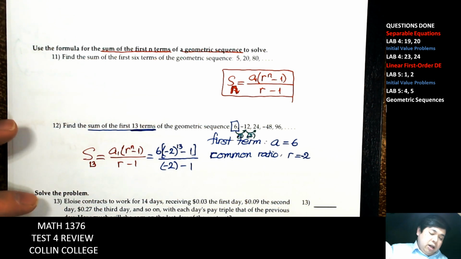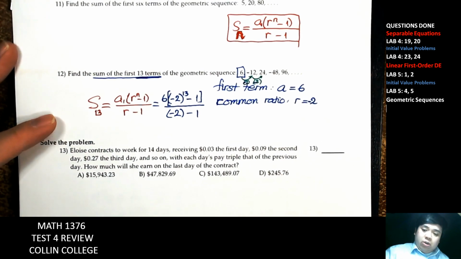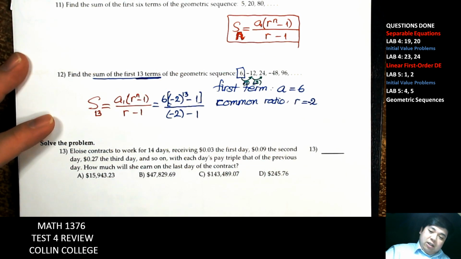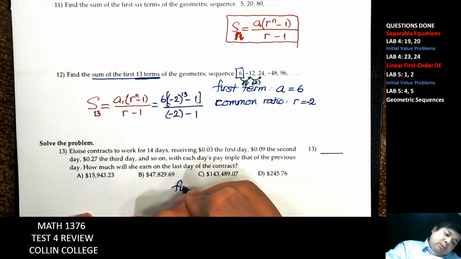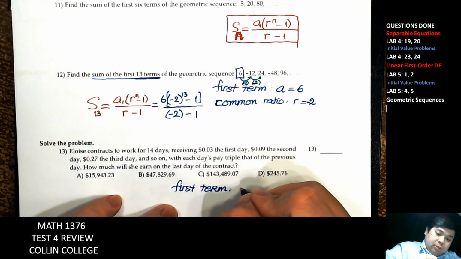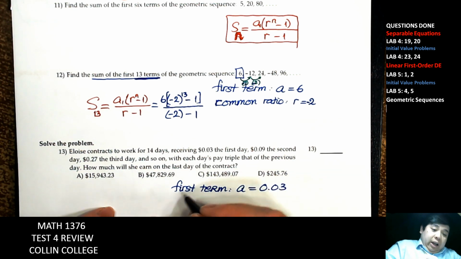Right. Number 13 is also a geometric sequence. We have the first term is 3 cents. By the way, we did something similar in class.